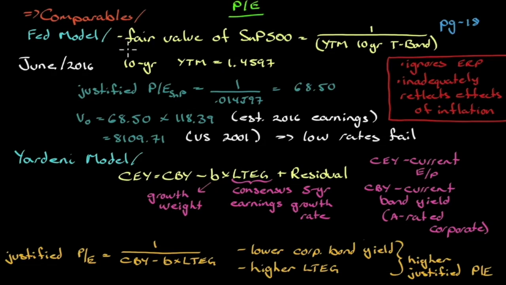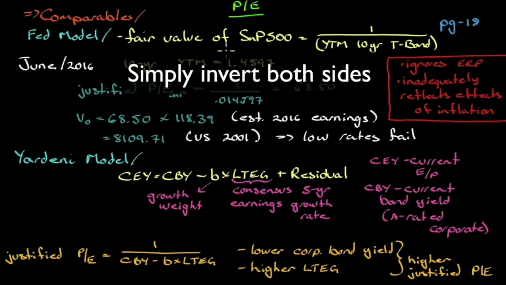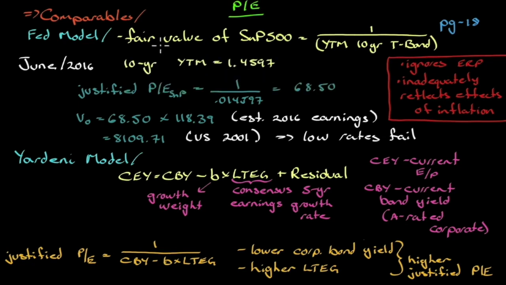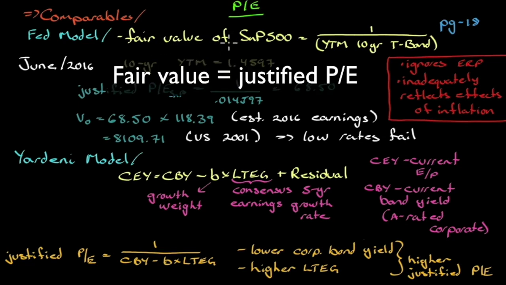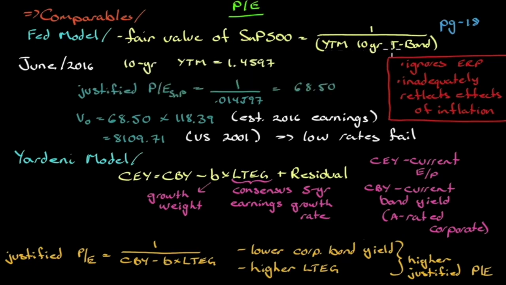So staying with the Fed model here, if you just rearrange the terms, you can get to a conclusion such that the fair value of the S&P 500 is equal to 1 divided by the yield to maturity on the 10-year T-bond. As of June 2016, the 10-year yield to maturity was 1.4597%.